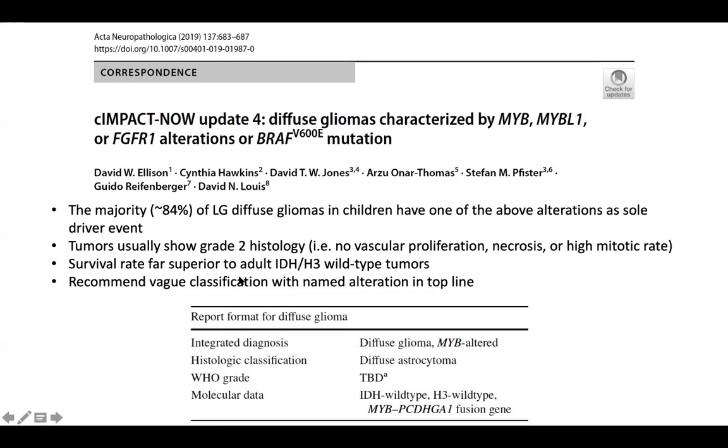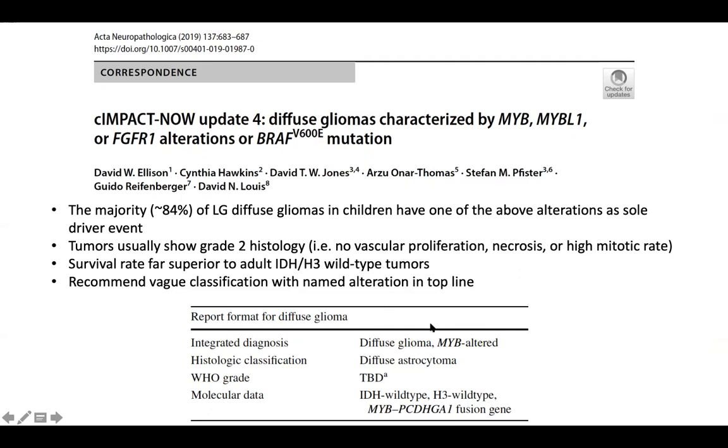As a result, this practice has been recommended to abandon really trying to classify these specifically at all, just call them a diffuse glioma, list the driver event when available, and essentially leave it at that. I will say that in our practice, we'll take it one step further and add low grade or high grade to these tumor diagnoses, but really this is not a situation where one wants to apply the adult grading criteria or classification strategies.